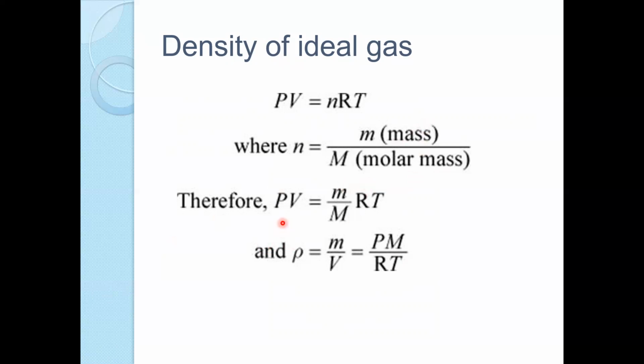Therefore PV equals m, the mass, divided by the molar mass, times RT. Then the density equals m divided by V, and the final equation is d equals PM divided by RT: the pressure, the molar mass, the ideal gas constant, and the temperature.